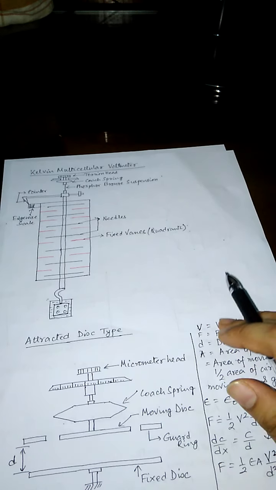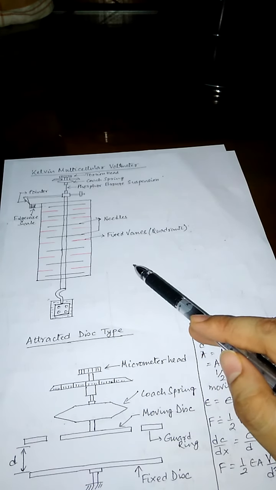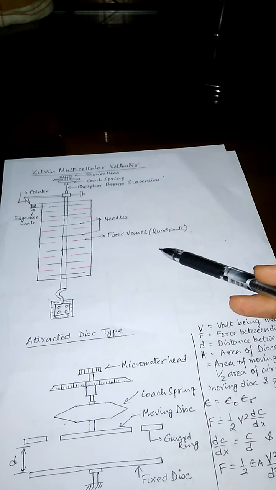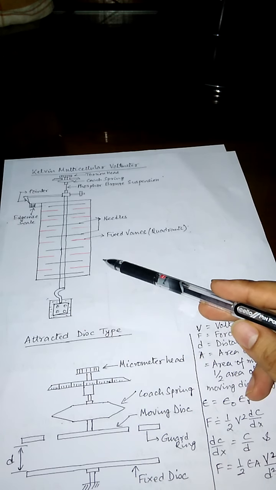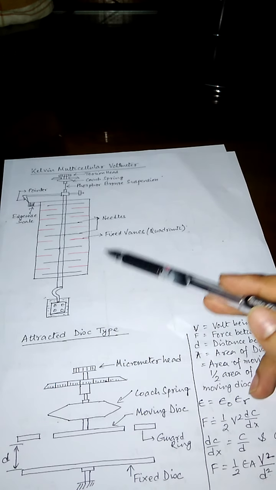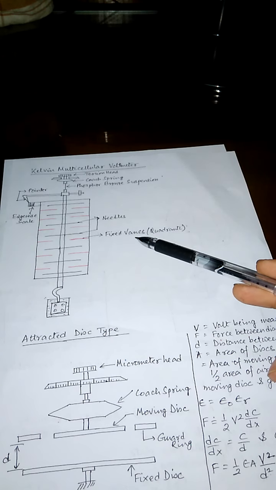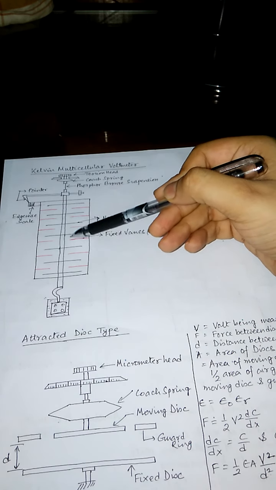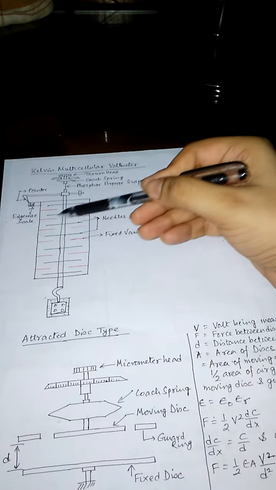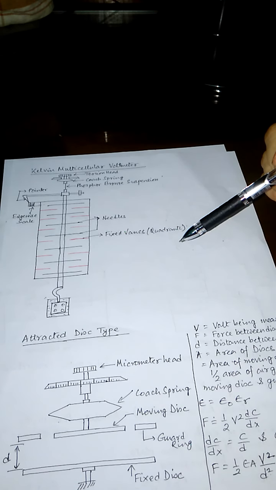Already we have discussed that this type of meter is applicable for low voltage applications, so for low voltage the deflecting torque should be higher. When the deflecting torque is generated in high values, there is much more production of electrostatic force.